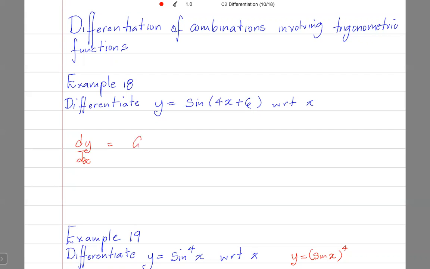So this is cos of 4x plus 6. And then you have to multiply now by the differential of the inside function. The inside function is 4x plus 6. When you differentiate 4x plus 6, you're going to get 4. So our final answer is 4 times the cosine of 4x plus 6.